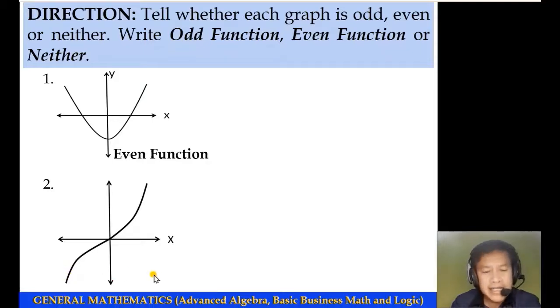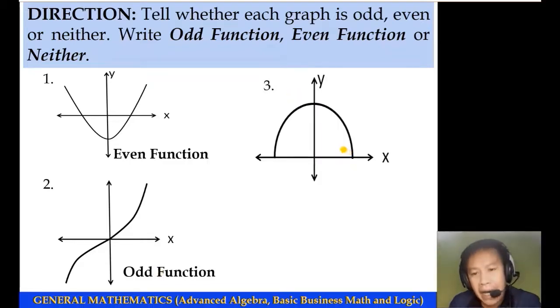Therefore, this is an odd function. Number 3, this is a half of an ellipse. Now, this particular graph is symmetric with respect to the y-axis. Therefore, this is an example of an even function.